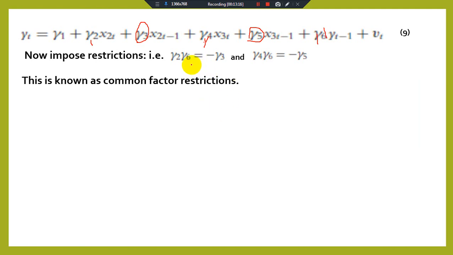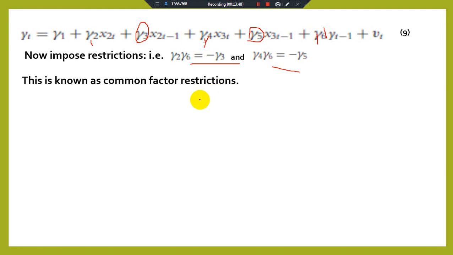If this condition does not hold, if we run this regression and we get the estimated gamma 1, gamma 2, gamma 3, gamma 4, gamma 5 and gamma 6, and we multiply gamma 2 with gamma 6, the outcome must be minus gamma 3, and gamma 4 multiplied by gamma 6 must be minus gamma 5.